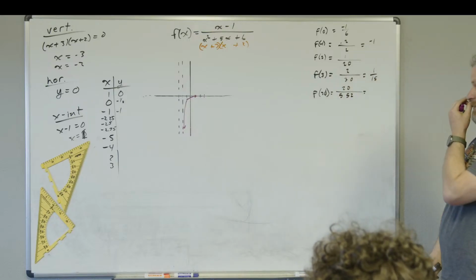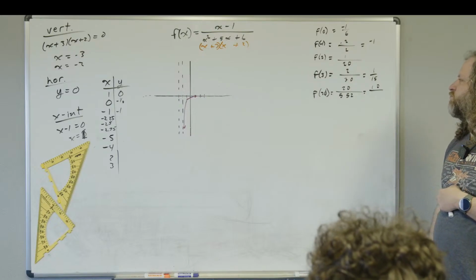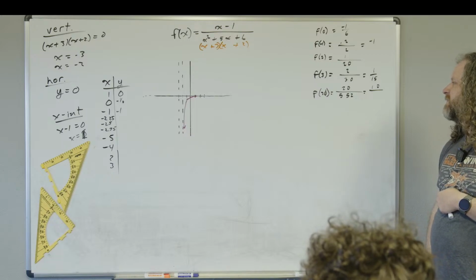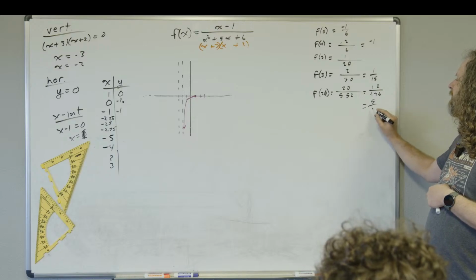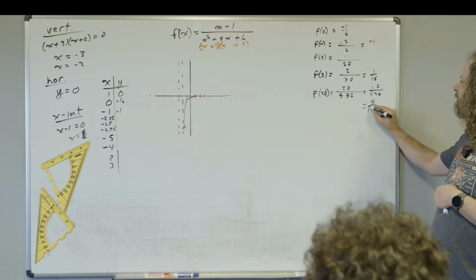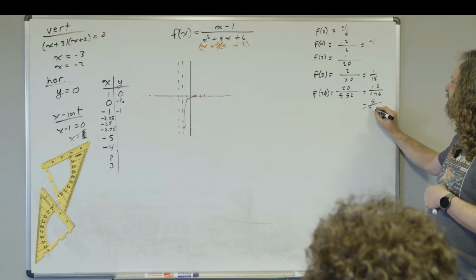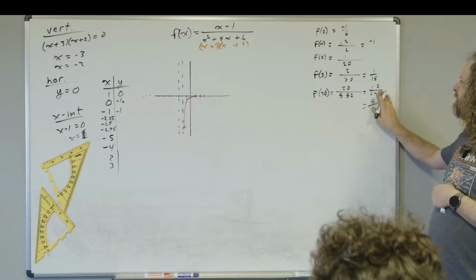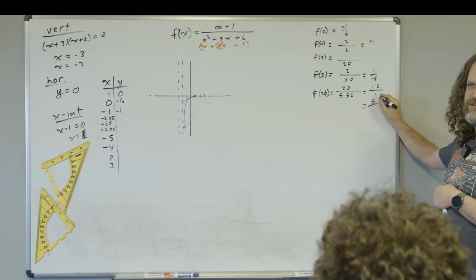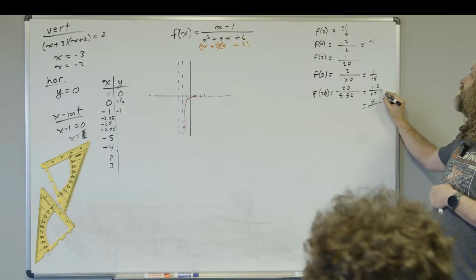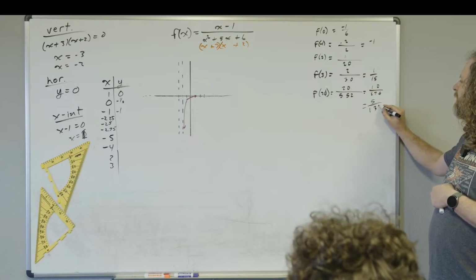We divide both of those by 2 and we get 10 over something. 552 divided by 2 is 276. 5 over whatever that is, 138.